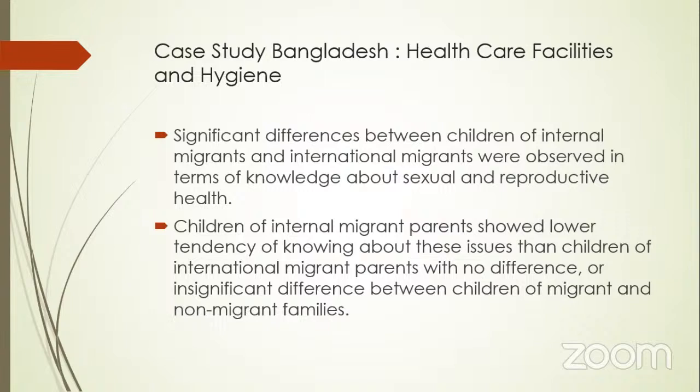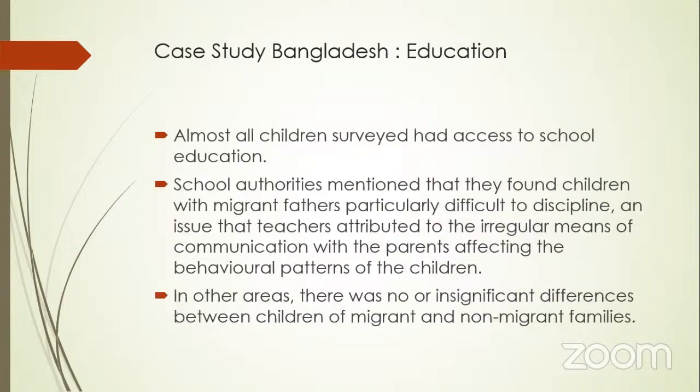Okay. Education. Almost all children surveyed had access to school education. School authorities mentioned that they found children with migrant fathers particularly difficult to discipline. Because you would need to understand, more often than not, in the poor class, both men and women are working, and pretty much the children are taking care of themselves.